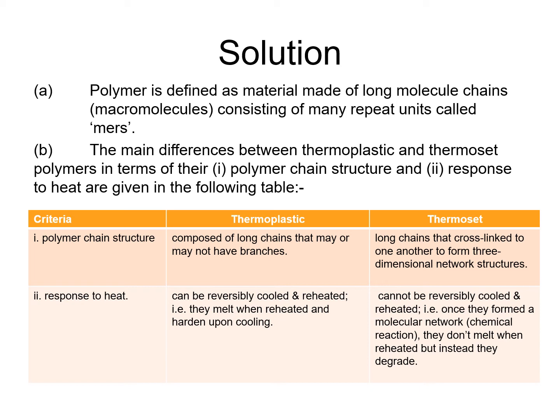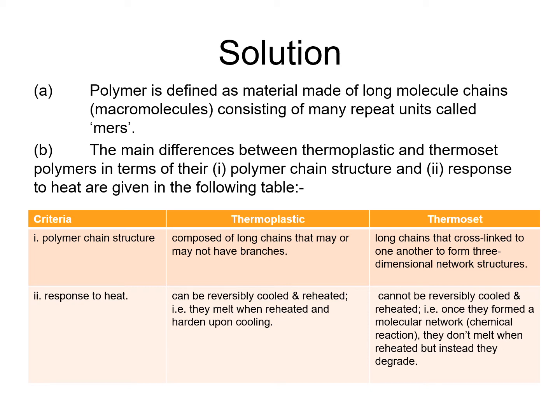In terms of the polymer chain structure, we are now aware that thermoplastic material is composed of long chains that may or may not have branches. Contrary to that, the thermoset material has a polymer chain structure whereby the long chains are cross-linked to one another to form 3D network structures.